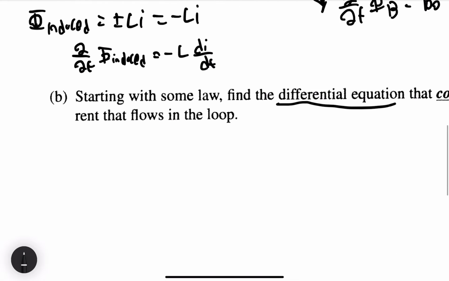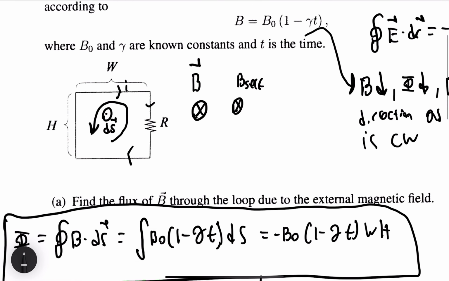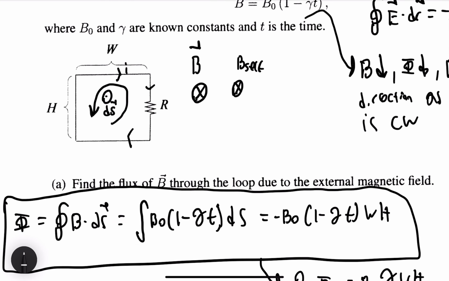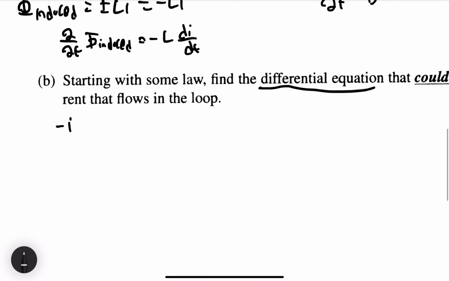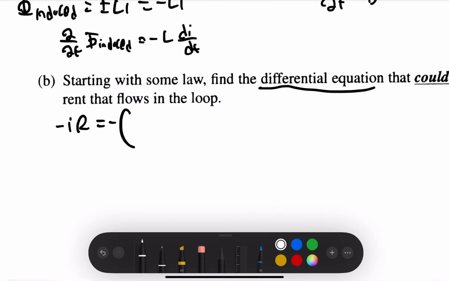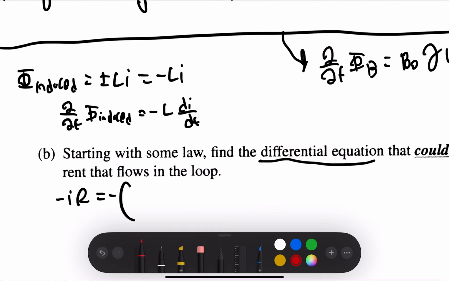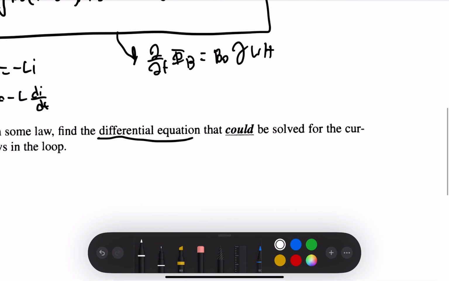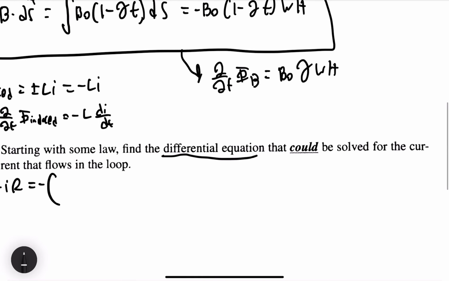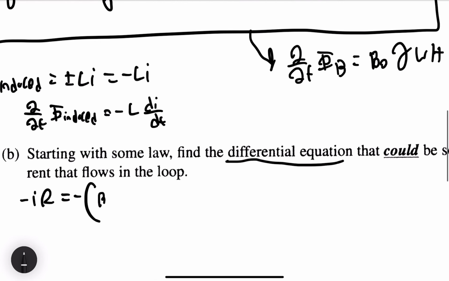So then my equation would be, if I go around my loop, I go into the resistor, but current's going the other way, so it's going to be negative IR is equal to negative by the law. Because again, I only found the partial derivative of time, but I still have a negative that I'm going to distribute. So I would have negative B naught gamma HW, and then what else?